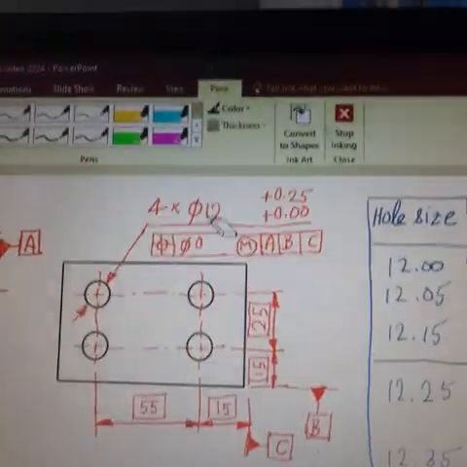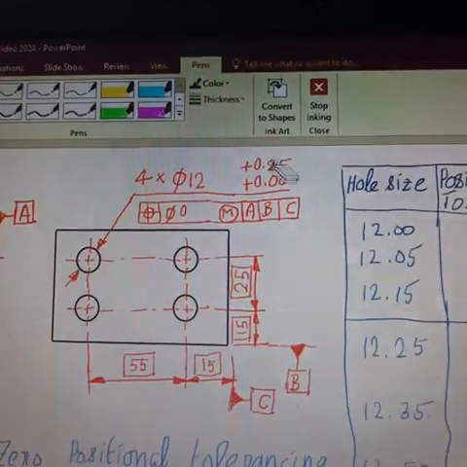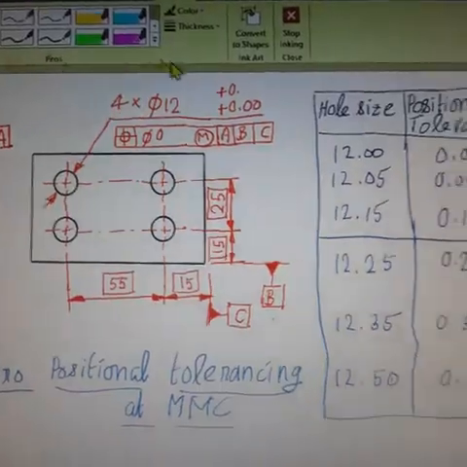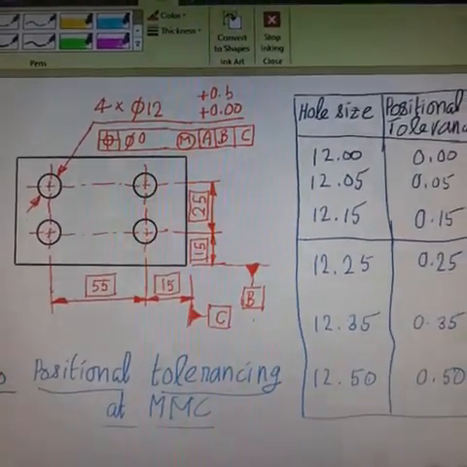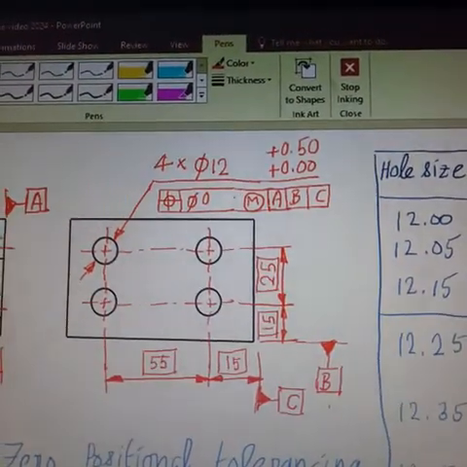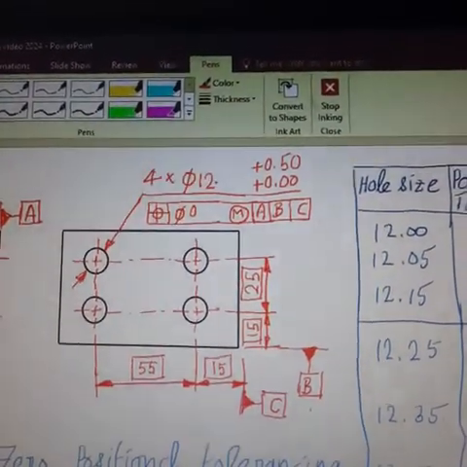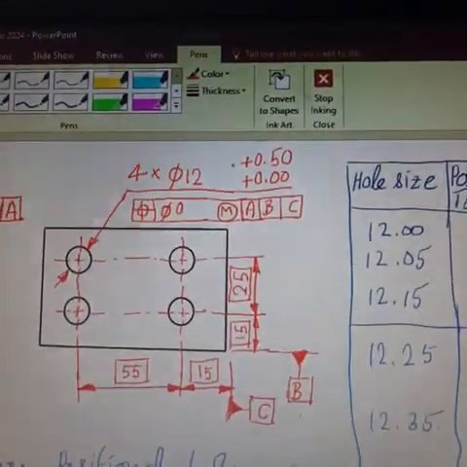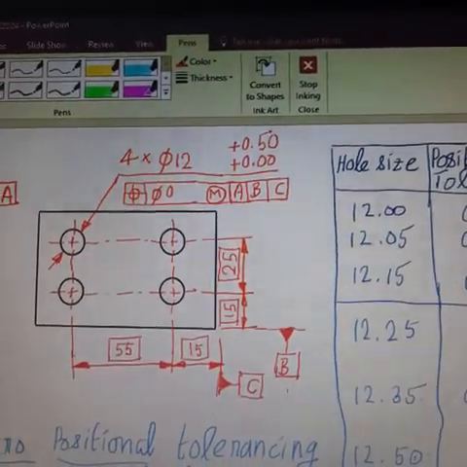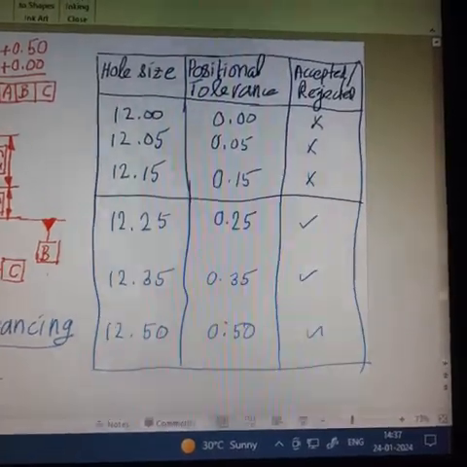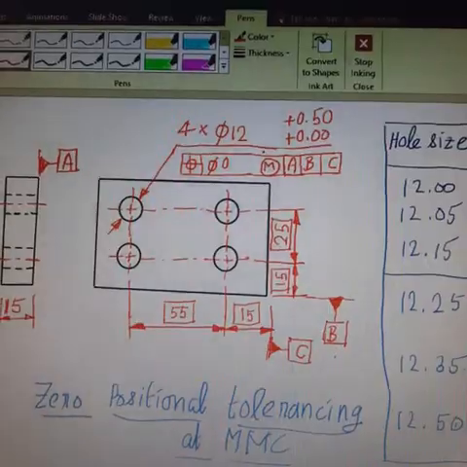To retain the upper limit, this change you have to make. The 12 mm is the size for which the applicable value of position tolerance is 0, and since we don't want to change the upper limit, it is 12 plus 0.5, which is 12.5. So 12.5 is the upper limit of the hole, which is not changed. Only the lower limit is getting changed.